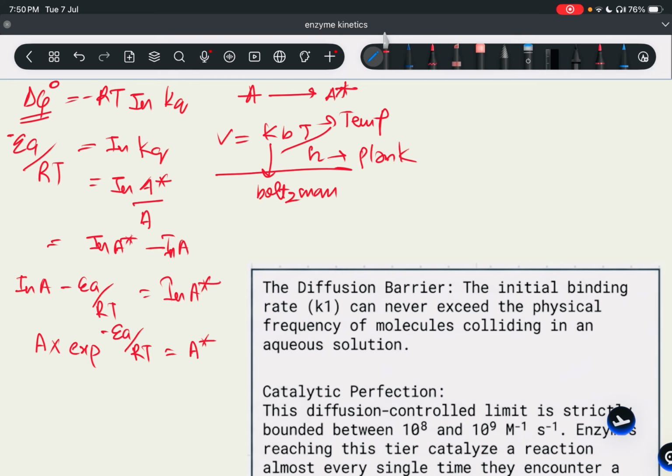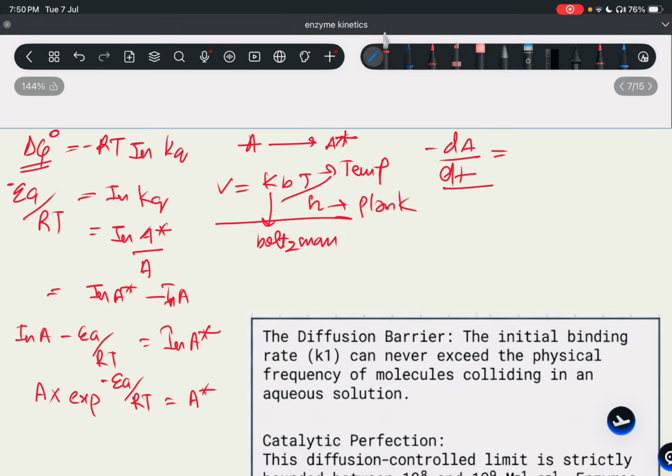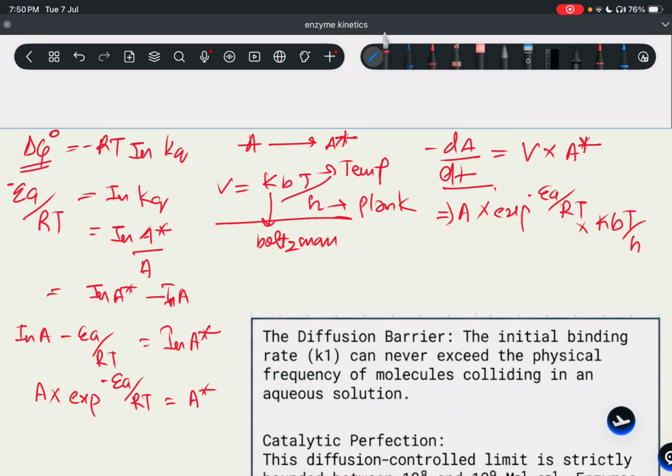Now this would be equal to V into A. As per our last studies, as per chemical kinetics. So this is what you get.